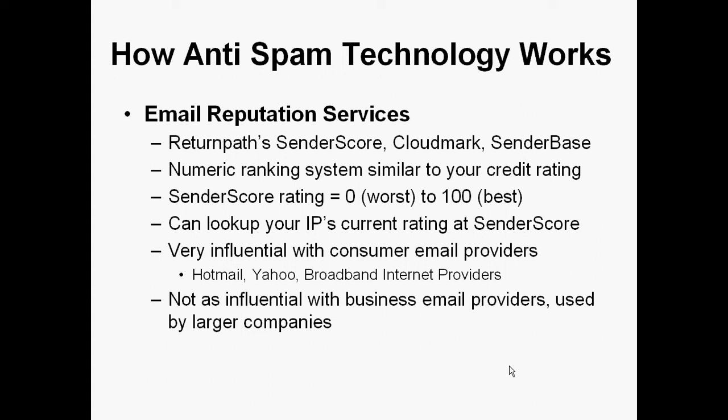When you enter your mail server's IP address, SenderScore will give you a numeric ranking for your server, anywhere from 0 worst to 100 best. You can look up your IP's current rating for free at senderscore.org, I believe it is, or senderscore.com. I'm not sure if you can Google it. And this number is changing almost on a daily basis.